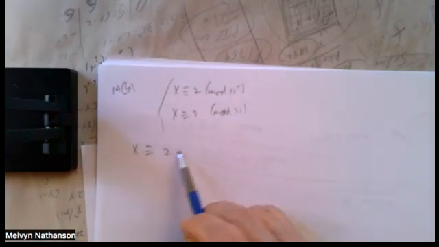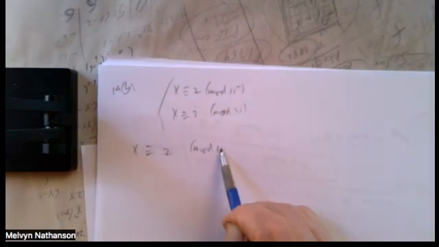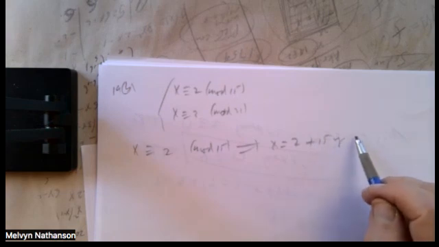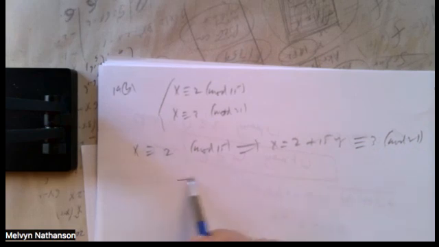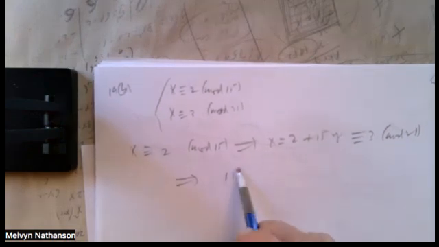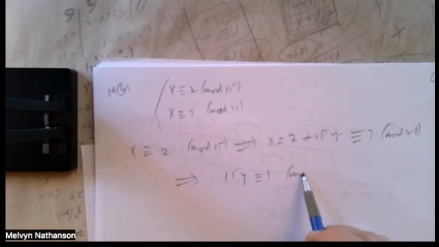So if x is congruent to 2 mod 15, that means x is a number of the form 2 plus 15y. And if 2 plus 15y, which is x, is congruent to 3 mod 21, this means 15y is congruent to 1 mod 21.